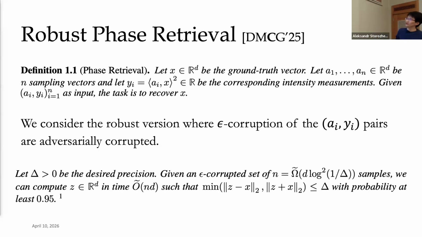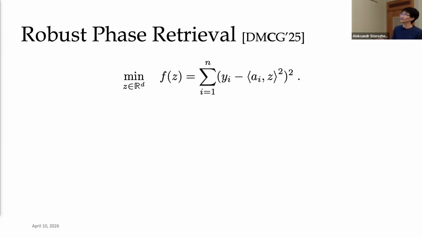Now this is the main theorem. It says we can solve this problem in nearly linear time. But that's not so important. What's more helpful is probably to look at this objective. We didn't invent this. This is a very natural objective function for phase retrieval. So what does it do? I am going to write down a loss function for a vector z.